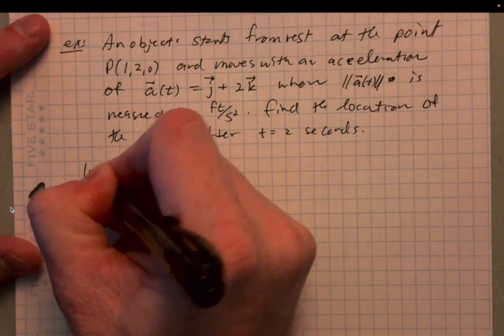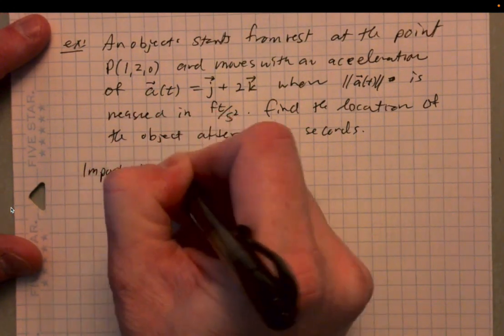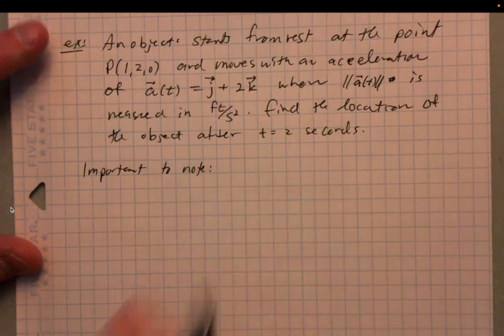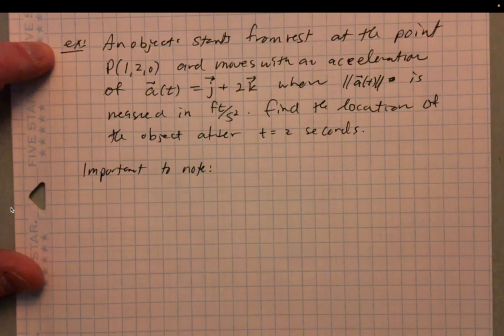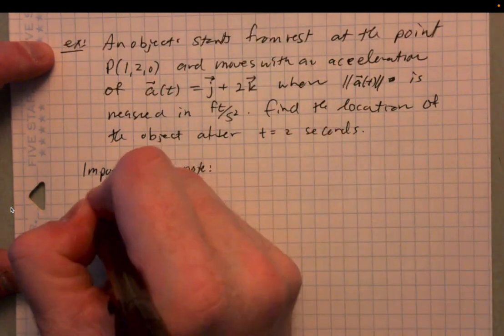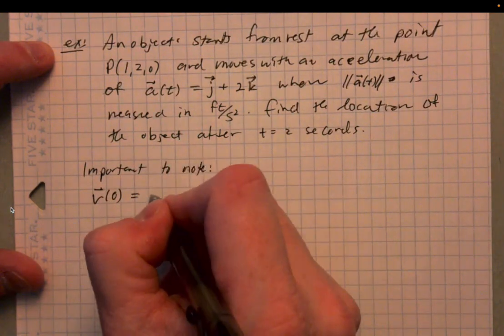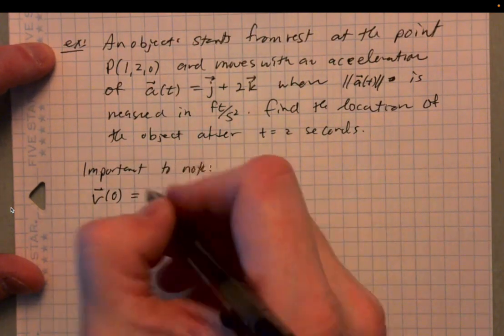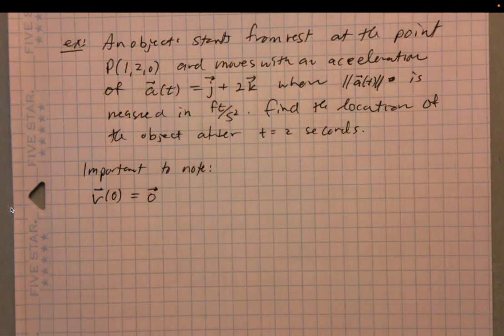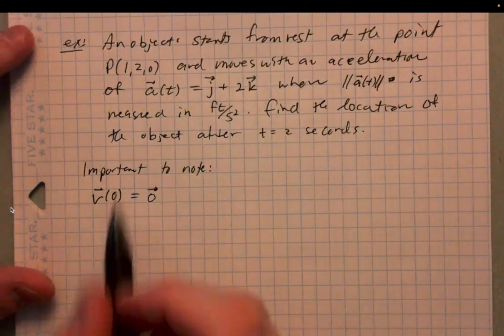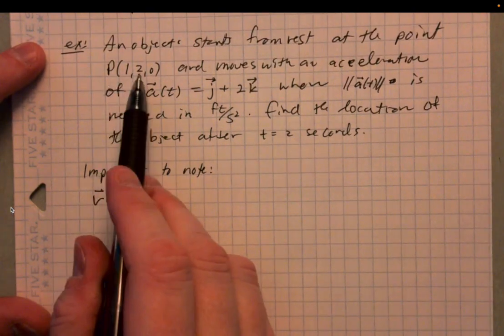So, important to note from the problem, things that we'll need. The object starts at rest, so that tells us that the velocity at 0 is equal to 0. It's kind of like an initial condition. Okay, so the object starts at rest, so the initial velocity is 0. Further, we're told where it starts.